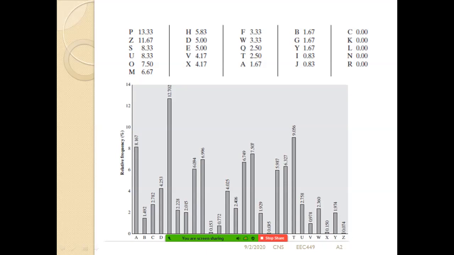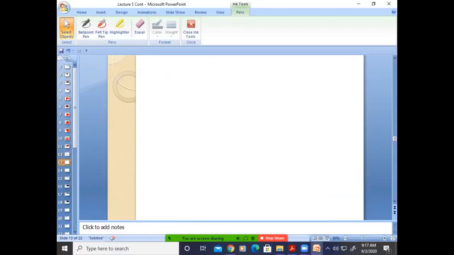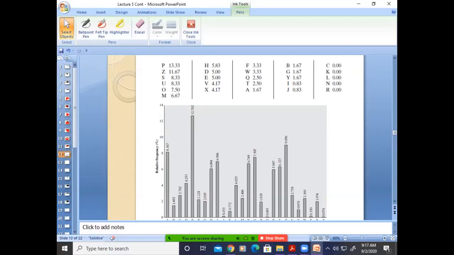So we have to compare with this and identify some letters in the ciphertext that will be converted into plain text. Now what I will do here: P and Z are more frequent.